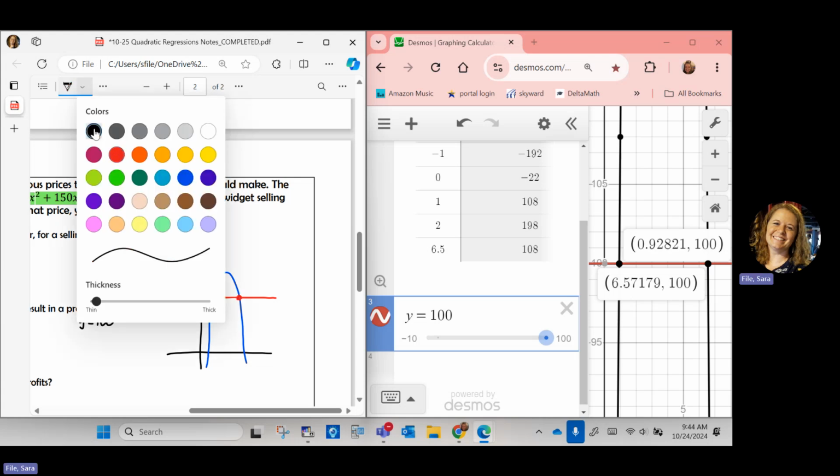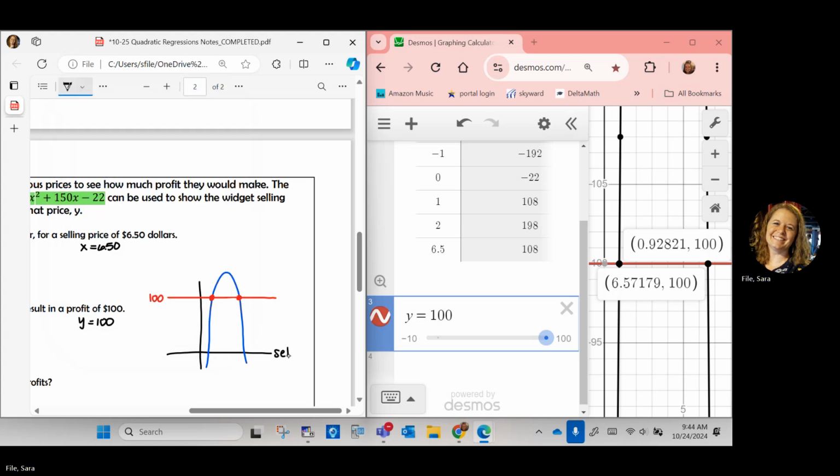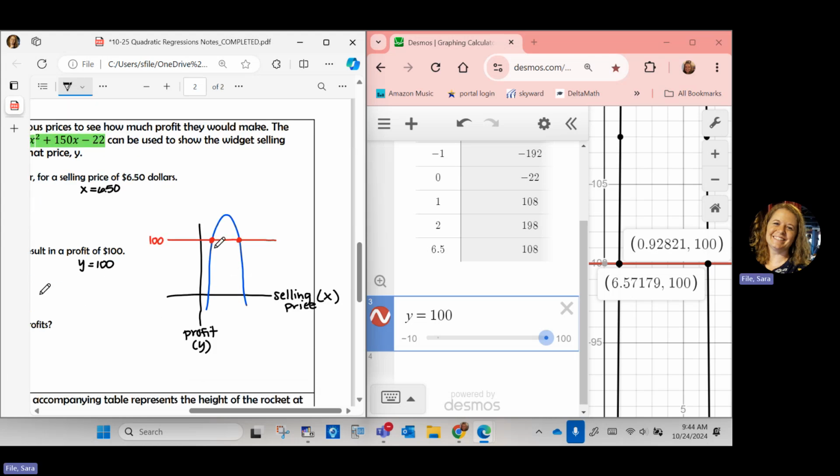Remember, x is your selling price and y is your profit. Do y'all understand why we're looking for those 2 points? When the y is up at 100, what is the x? So we find these 2 points.